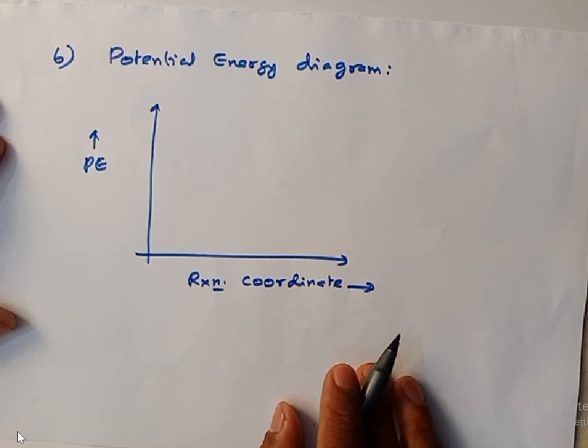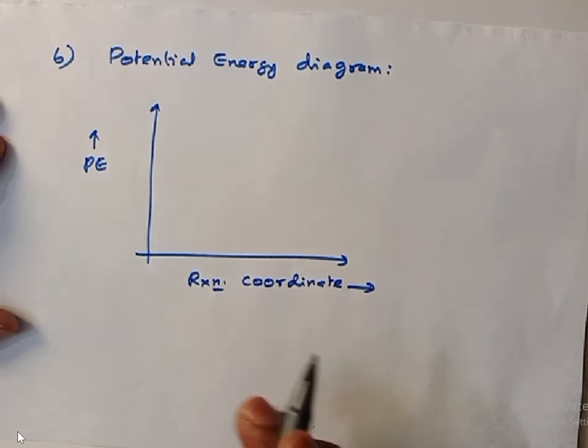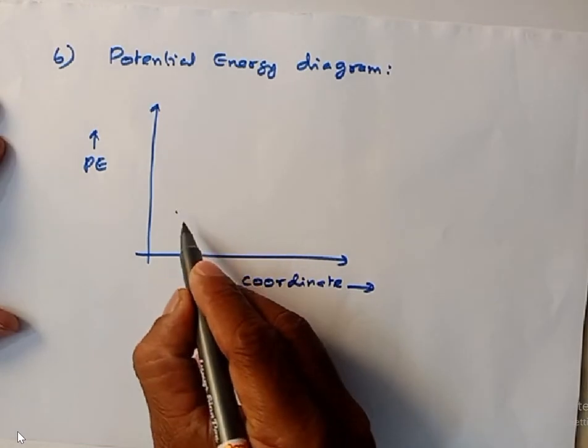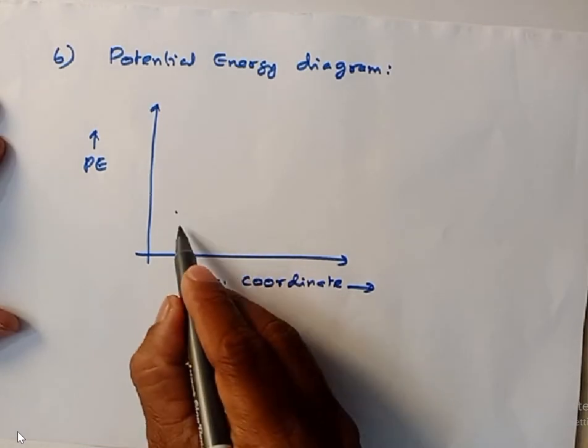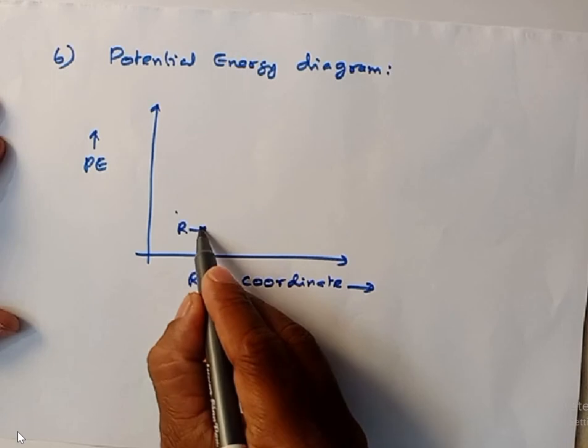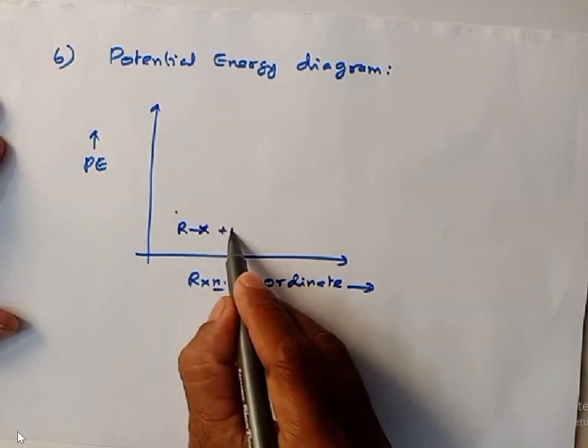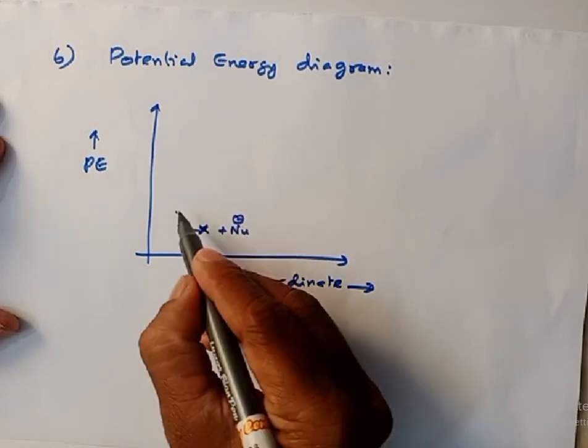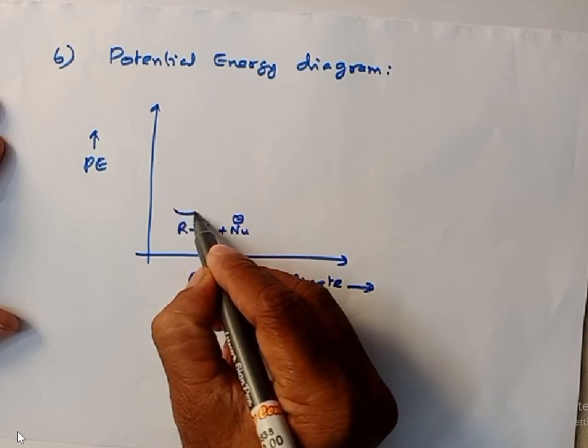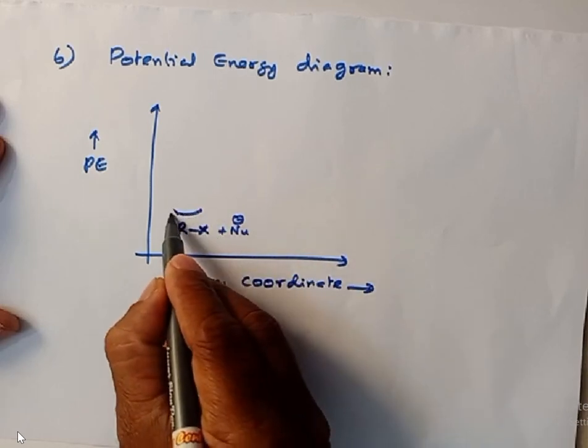In the Sn1 reaction, initially we have the substrate, that is alkyl halide, and we also have the nucleophile, but the substrate and the nucleophile have some average potential energy here.